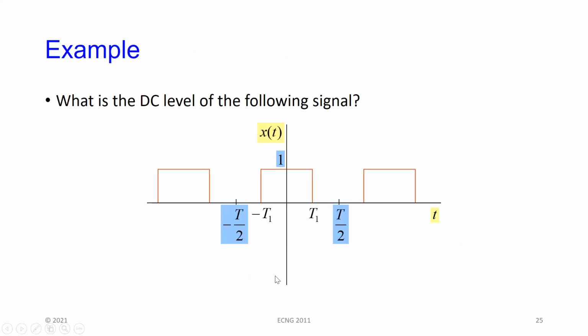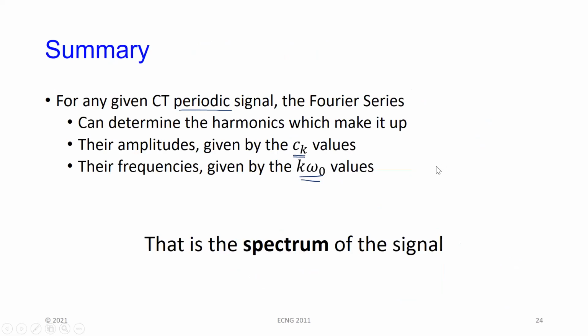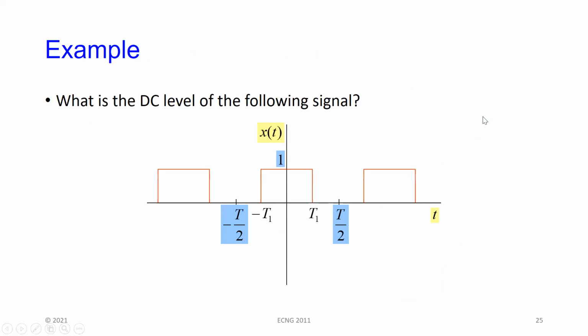All right? So let's just look at a simple example before we move on. If I were to give you something looking like this, this is not a square wave, this is a rectangular wave, right? It has some duty cycle. Remember, the duty cycle is how much it is on, on over total time, right?